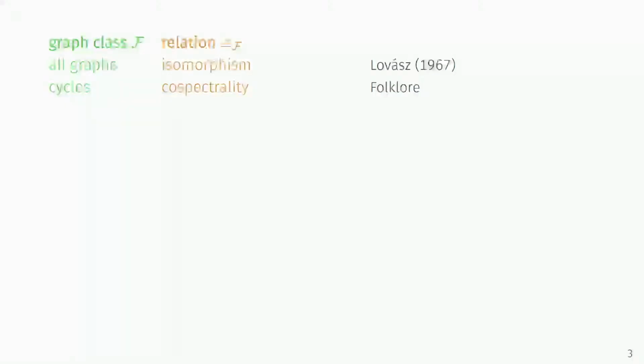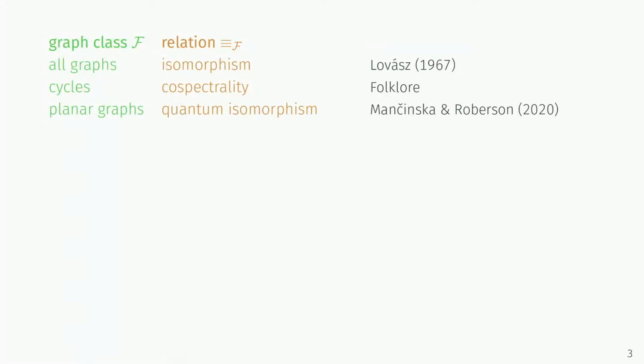That's a pretty straightforward result. A much deeper result, and I'm going to talk a bit more about this in a bit, is that homomorphism counts over all planar graphs characterize a graph up to what's called quantum isomorphism. That's a notion from quantum information theory.